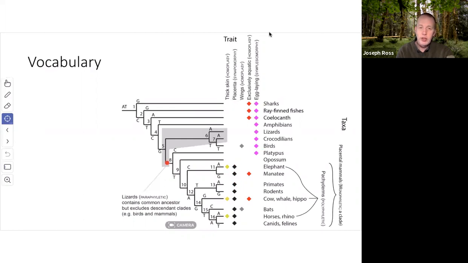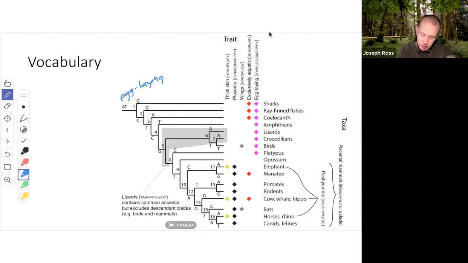So that was a trait that was lost during the evolution of placental development. Right, so platypi have eggs, but all of the placental mammals don't. So this is a trait that's shared by a lot of species, and it is shared by those species because the common ancestor probably did produce eggs. So egg laying was in the ancestor most likely.